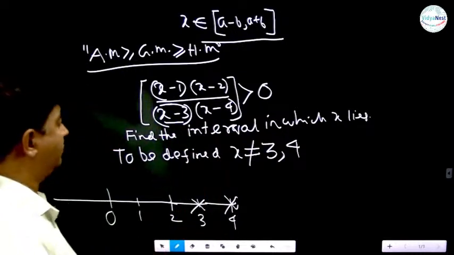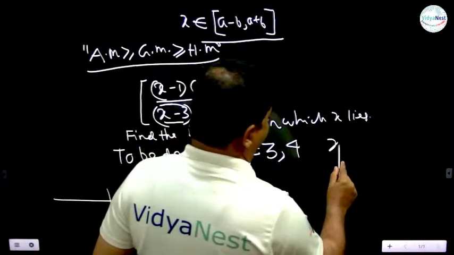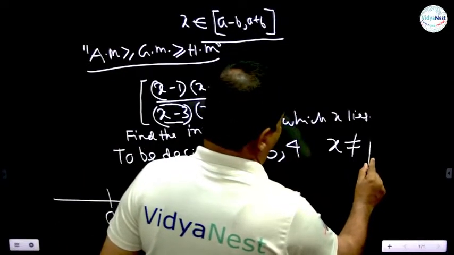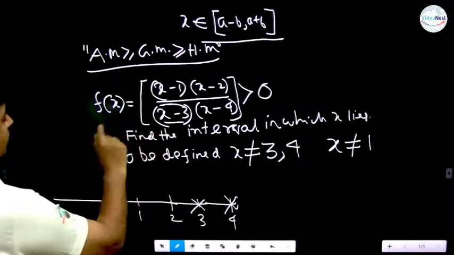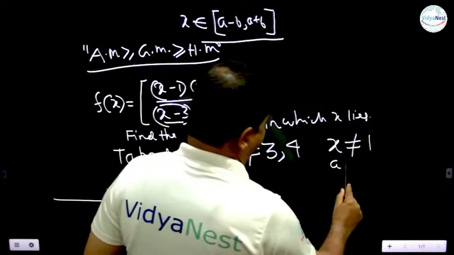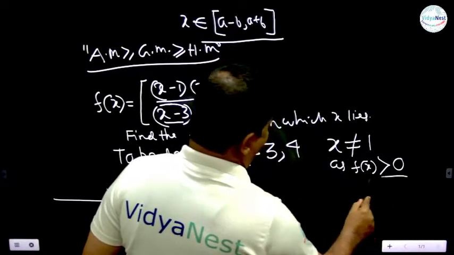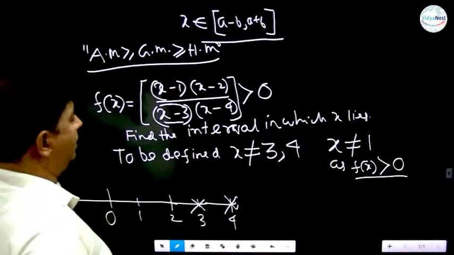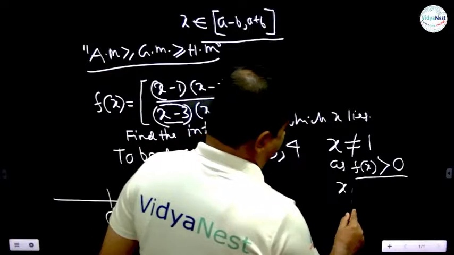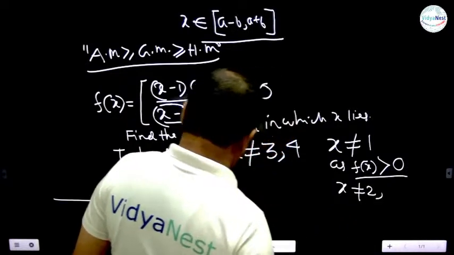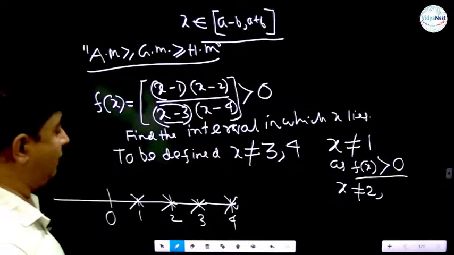So x equal to 1 will not come. Take this as f(x), make it equal to f(x), as f(x) greater than 0 is given. In the same manner, x cannot be 2 also, because if I put 2, I will get the whole expression 0.